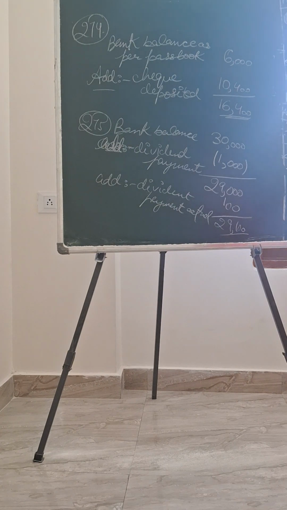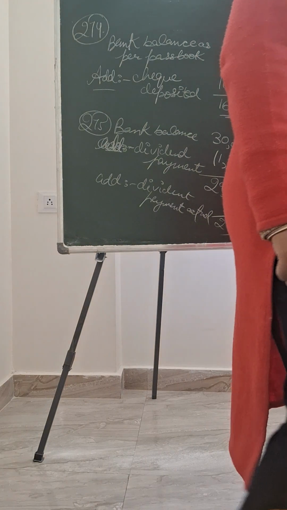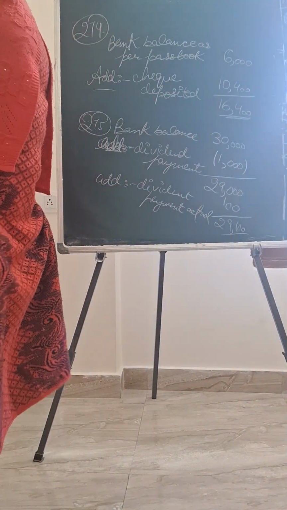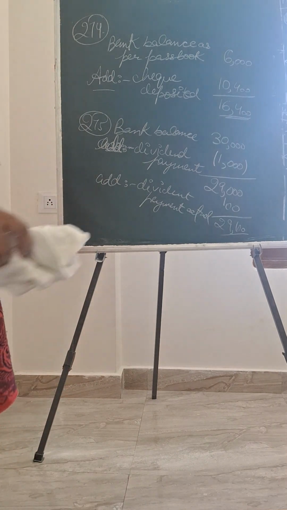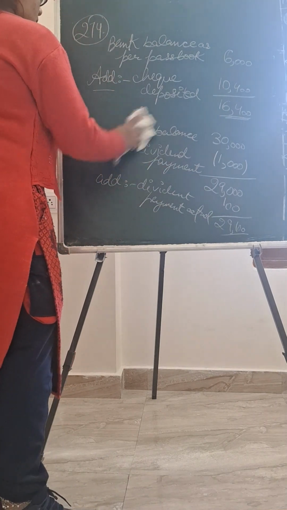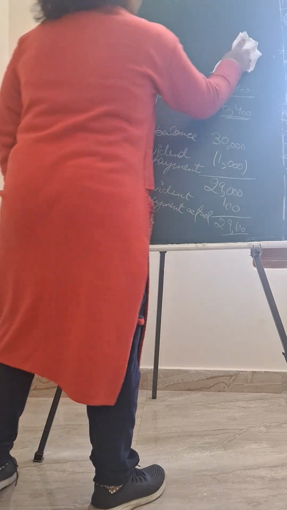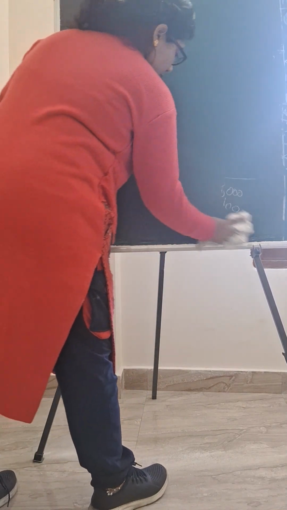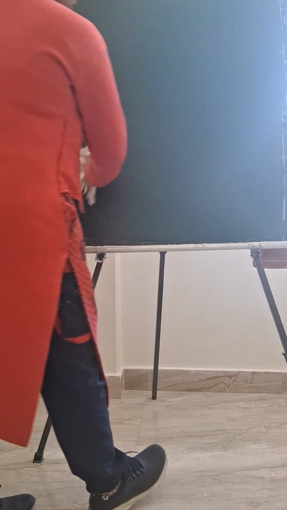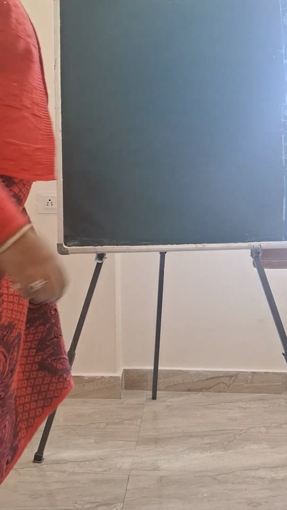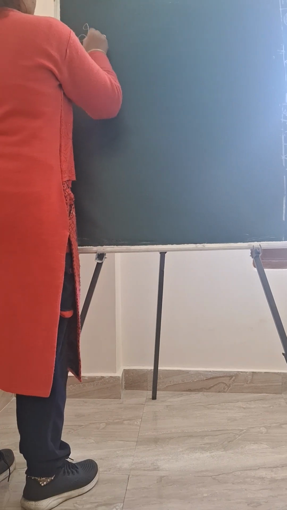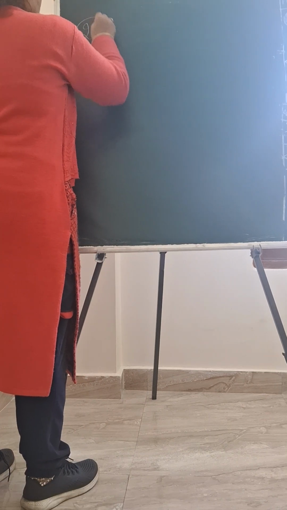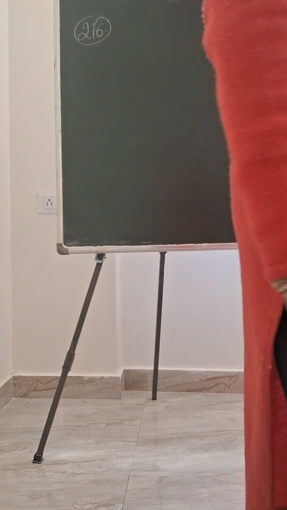Next question we have, overdraft as per cash book. Question number 276. We have a question of overdraft, and that is very important.